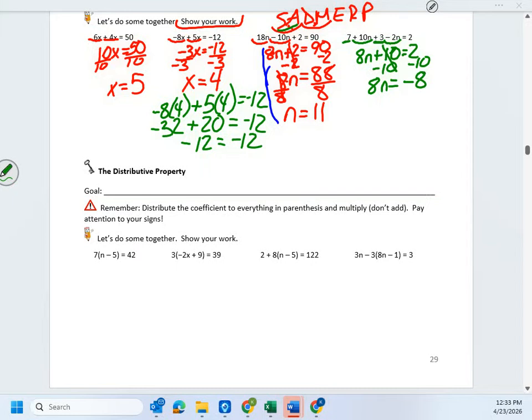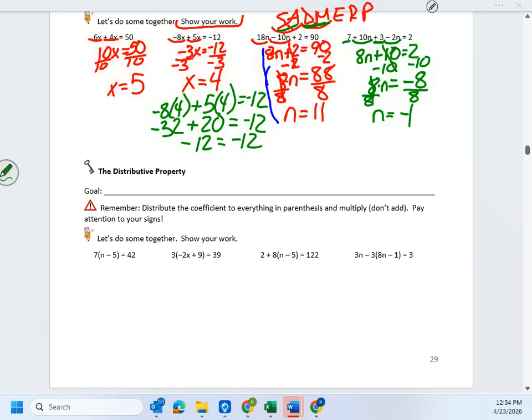What's my next step? Joe? Divide by 8 out of 8n. Again, opposite operations. If I'm multiplying, I need to divide. 8 divided by 8 is 1. Negative 8 divided by 8 is what, Joe? Negative 1.